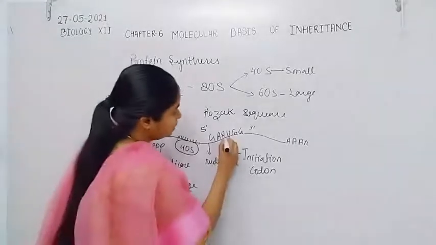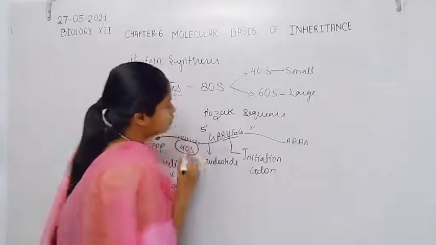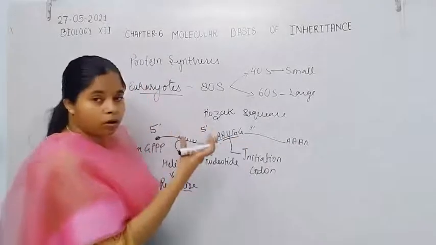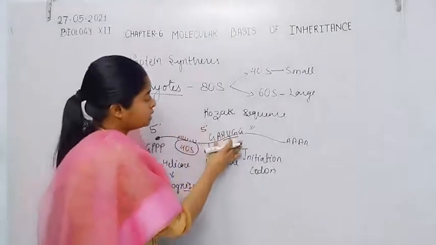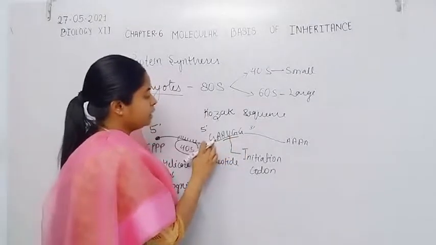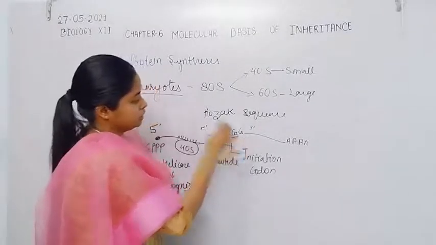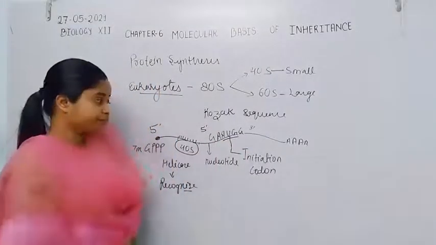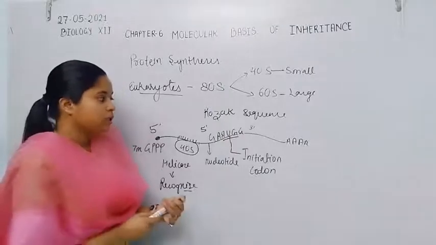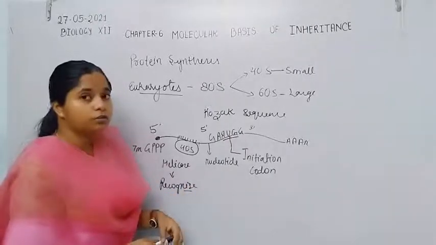So the initiation codon is AUG, surrounded by the specific Kozak sequence in all organisms, and this sequence, GAAUGG, helps in the recognition of the AUG initiation codon.